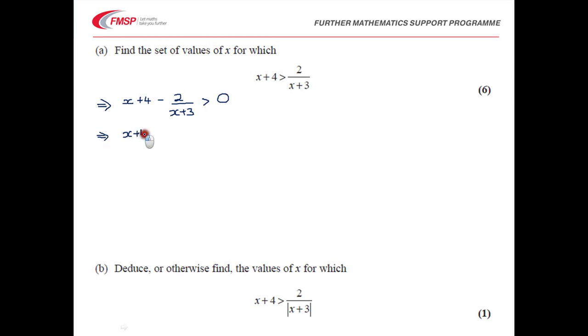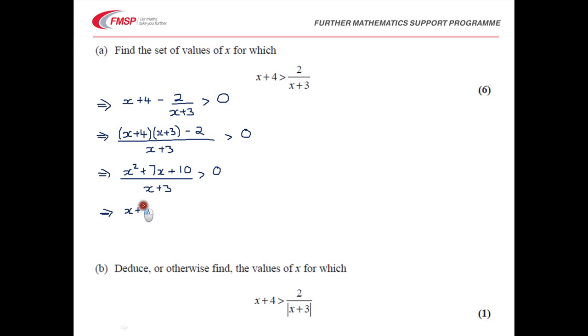Then I want this to be a single term, so I'm going to put it all over x plus 3. So the left-hand bit I've multiplied by x plus 3, and the right-hand bit doesn't need anything doing to it. Multiply out and simplify. x squared plus 7x plus 12, take away 2 is x squared plus 7x plus 10 over x plus 3. And then refactorise.